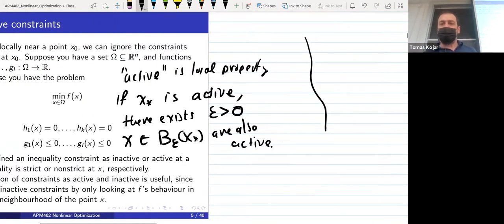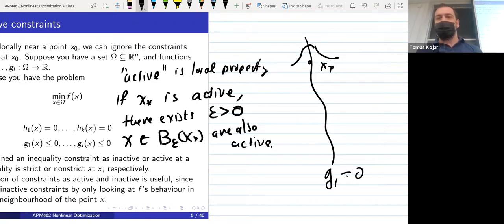So this is the G1 constraint. Your point is at the boundary, and it has a local bump, and there is a small enough epsilon so that all the points there have the same sort of property.